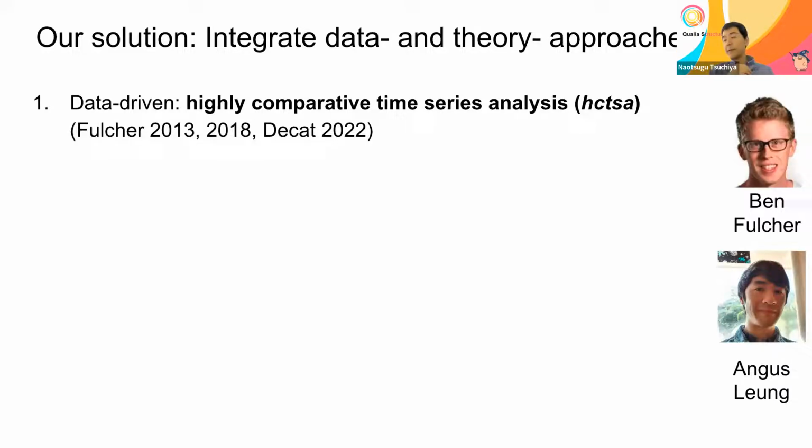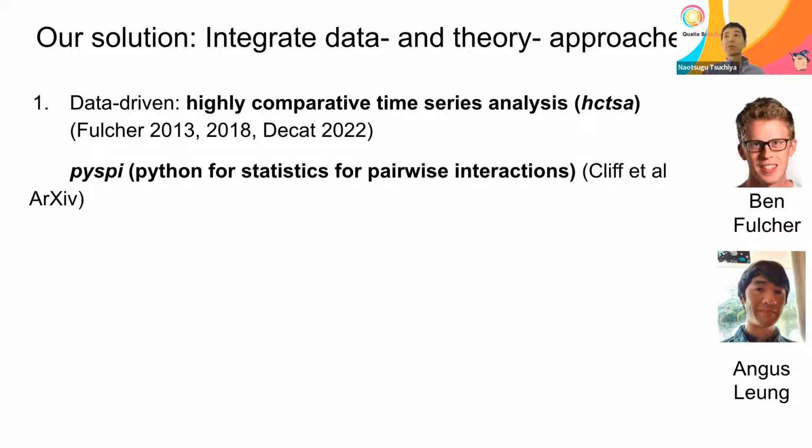Ben has been developing this toolbox called highly comparative time series analysis, or HCTSA. And then we also recently developed another toolbox called Python for statistics for pairwise interaction, PySPI, developed by Oliver, Ben and Joseph.